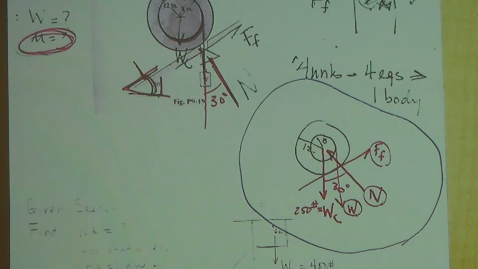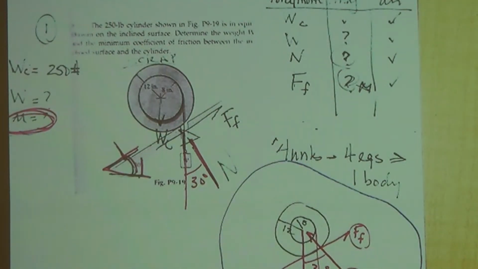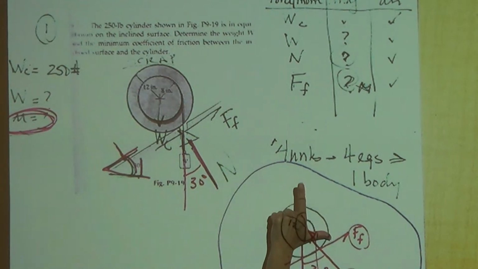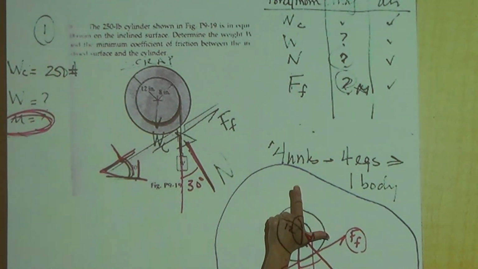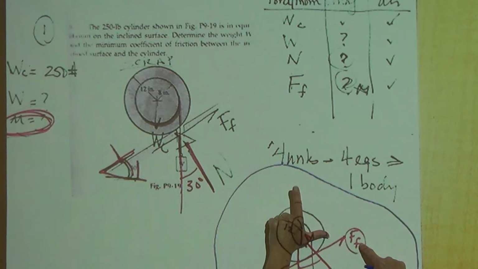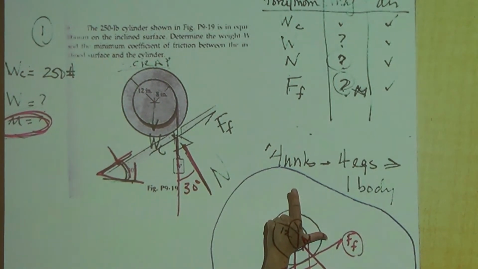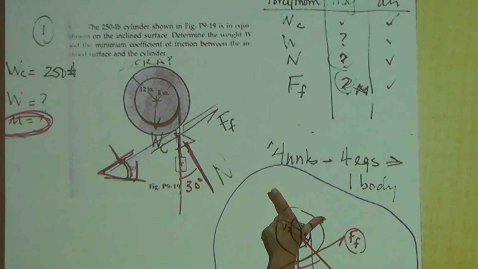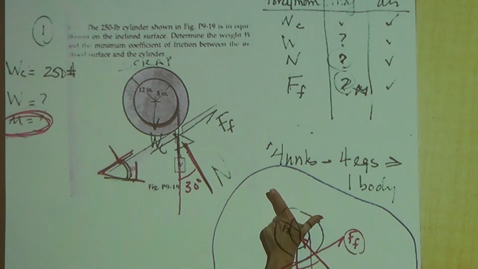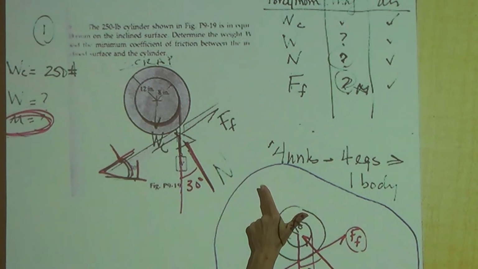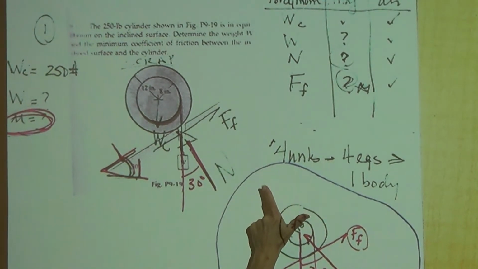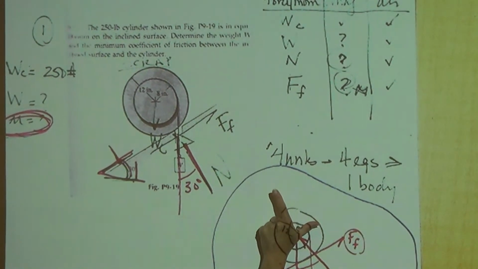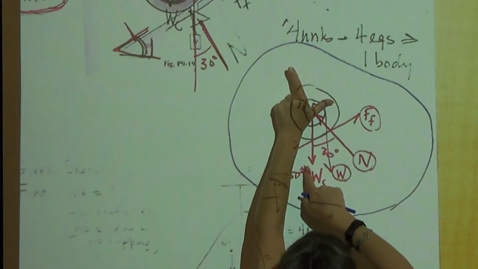So the option is either to put your X and Y axis like this, and then these two guys lie in that axis, and we're gonna have to find components of these. Otherwise, we put our axis like this, and now we have to find components of these two. The fact that this force has a value is gonna be easier to find components of.